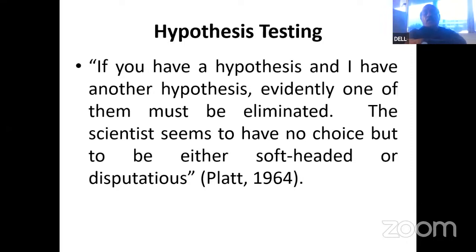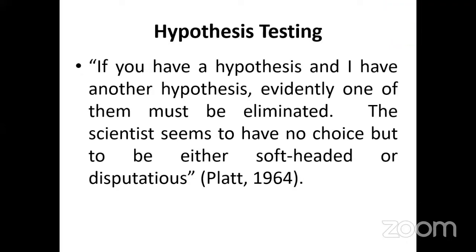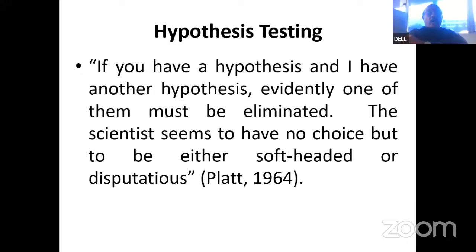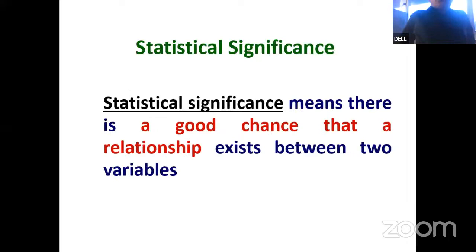If you have a hypothesis and have another hypothesis, evidently one of them must be eliminated. The scientist seems to have no choice but to be either soft-headed or disputatious. Some definition given by the Lord regarding the testing of hypothesis.